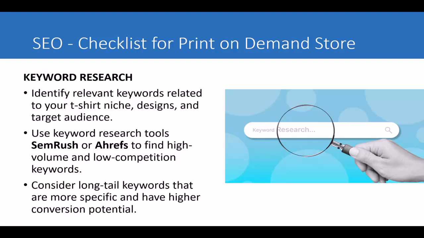Now, here is a checklist that you must follow for your print on demand store. This checklist is primarily for SEO, so we are still going to look at search engine advertising in the next module. For now, our focus is on SEO.